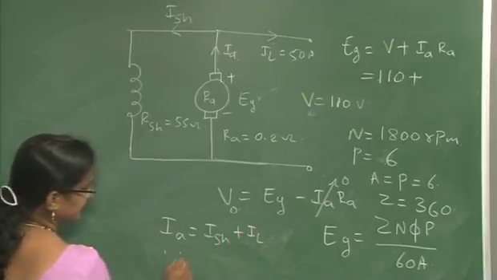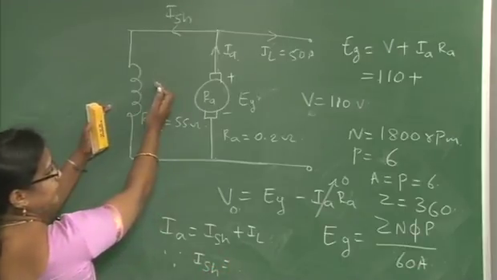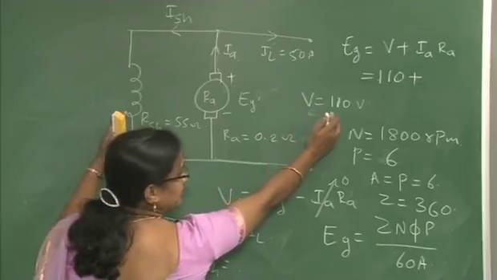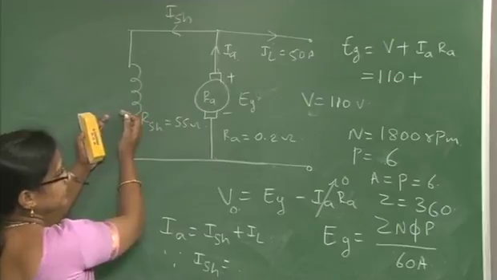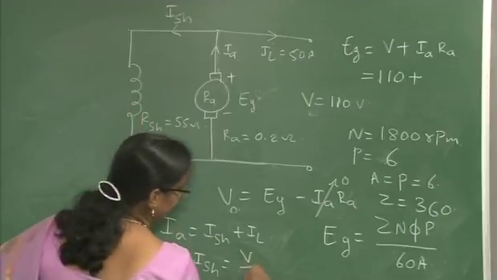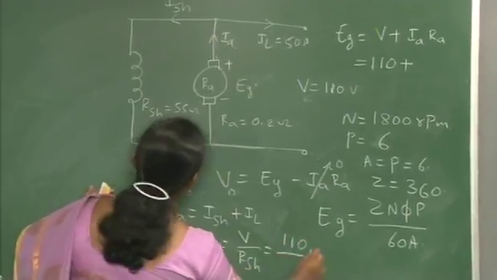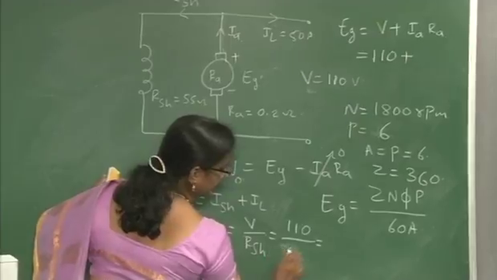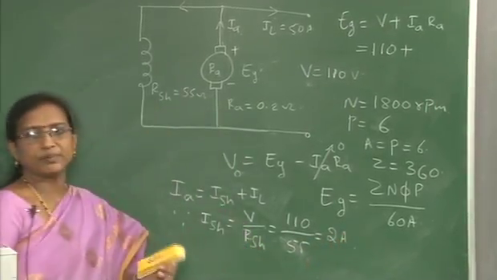What is ISH? The voltage across the field coil is exactly equal to V, 110 volts, because both are connected exactly in parallel with each other. So, V divided by RSH, that is 110 volts divided by 55 ohm. So you are getting 2 ampere.